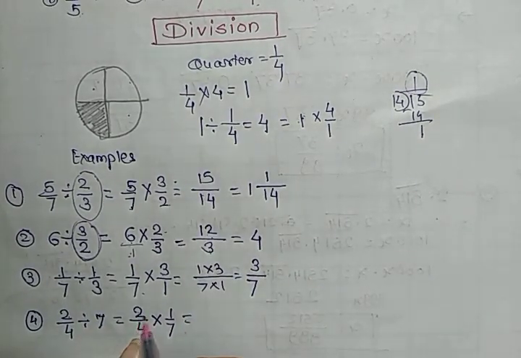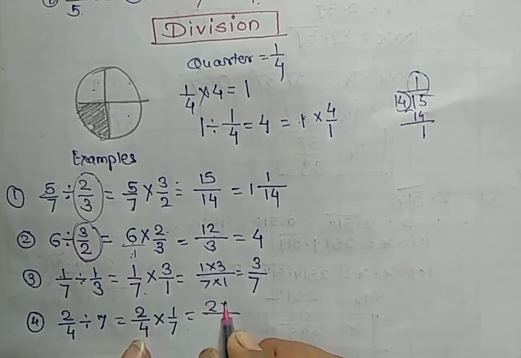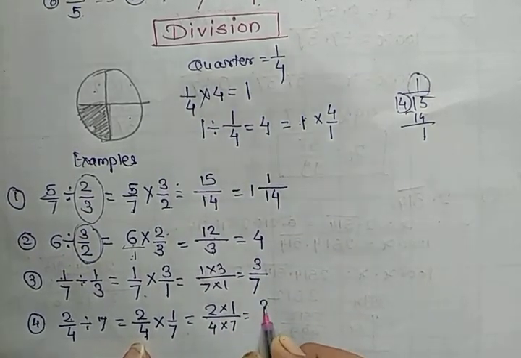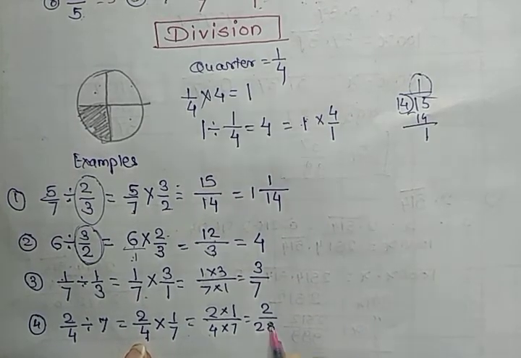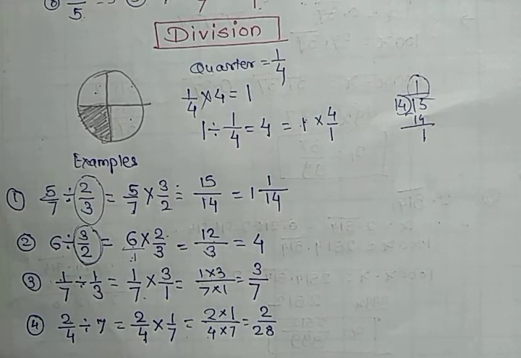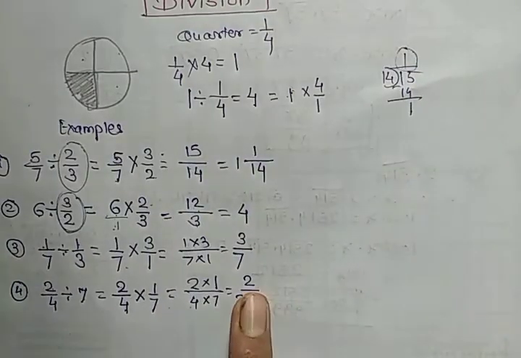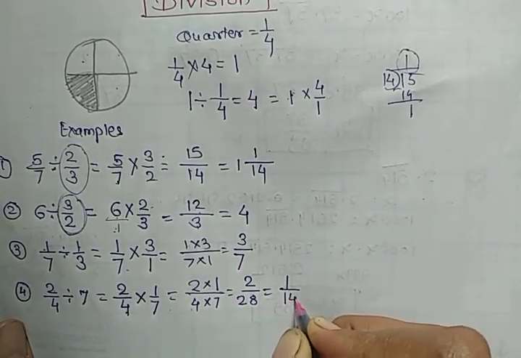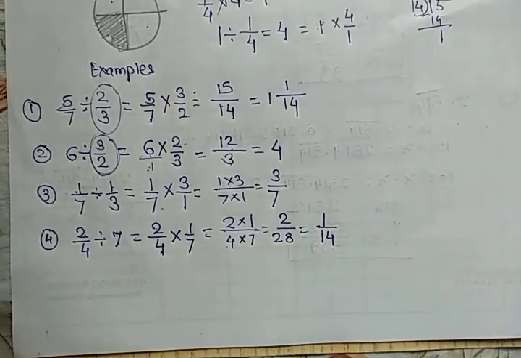Now multiplication of numerator with numerator, that is 2 into 1, and denominator with denominator, that is 4 into 7. Then 2 ones are 2 and 4 sevens are 28. The answer is 2 upon 28. If you reduce this number, 2 ones are 2 and 14 twos are 28. So 2 upon 28 or 1 upon 14, both answers are correct.